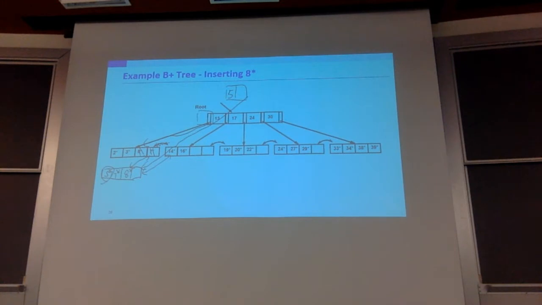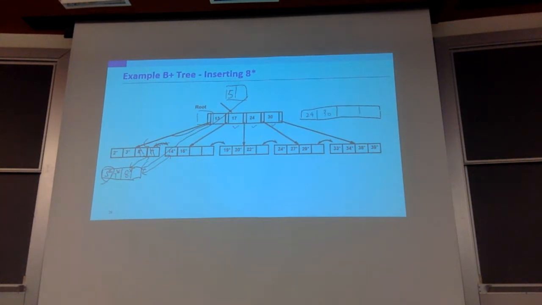So the way you do that is that you first create a new page here. Then you copy over a bunch of stuff here. Suppose we copy over 17, 24, and 30, right? So I'll just first put 24 here and 30 here.